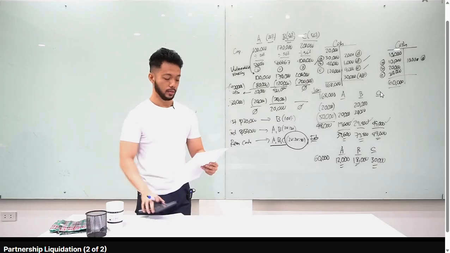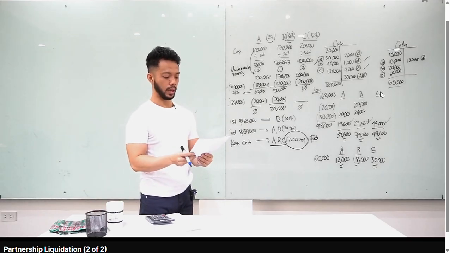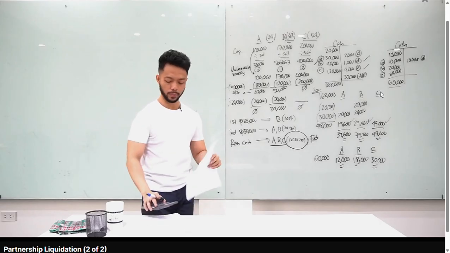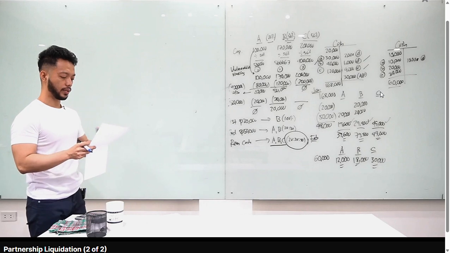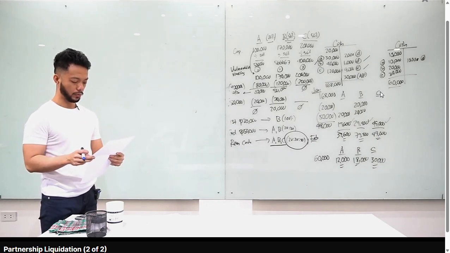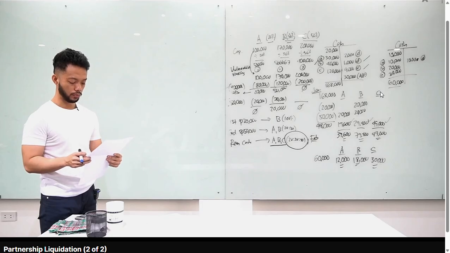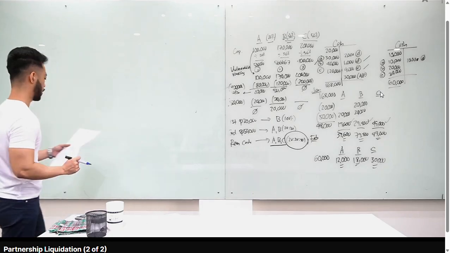Tignan natin, ha? The statement of financial position of ABC partnership is provided below. Assets, cash, non-cash assets. Receivable from A, loan to C. Offset natin lahat yan. Liabilities and equity, loan from B. Offset natin yan. A, B, and C, and their P&L ratio. Okay. If 40,000 of the book value of the non-cash assets are sold for 18, additional expenses are incurred, cash withheld, blah, blah, blah. Okay. Tingnan natin.